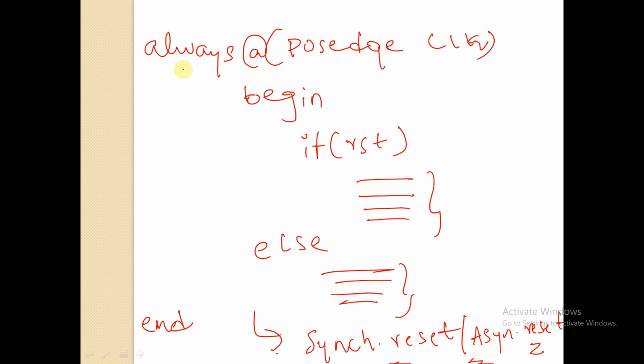So here I'm mentioning always at the posedge of clock. So only at the posedge of clock, the always block will be triggered and this will be executed. So only at the posedge of clock I can drive the reset signal.